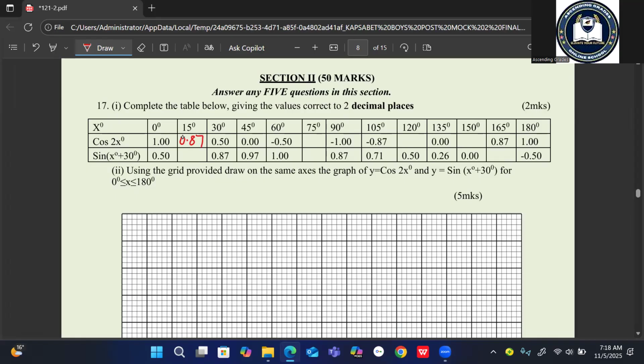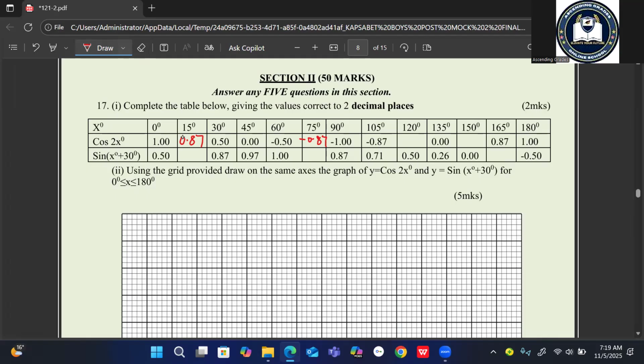Another blank space is cos 2 times 75 degrees, which will be negative 0.87.